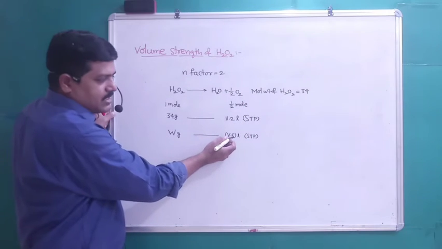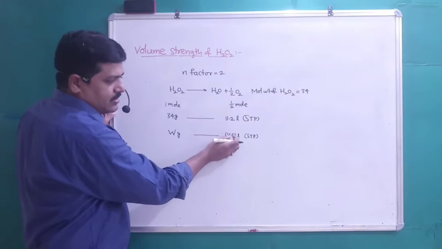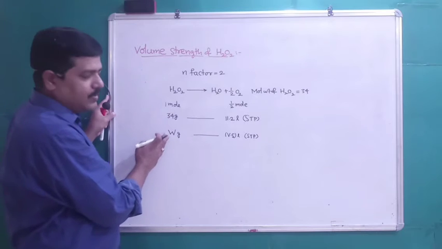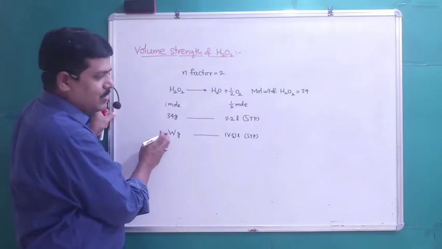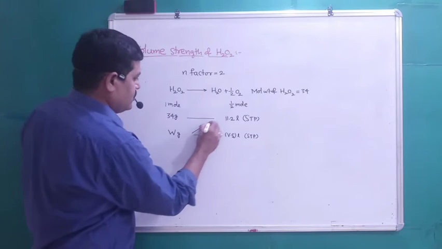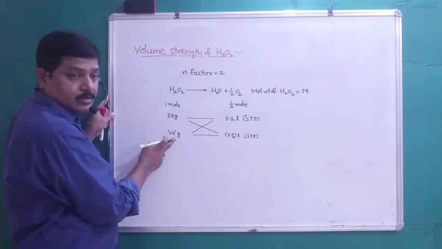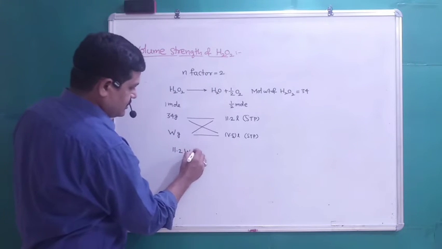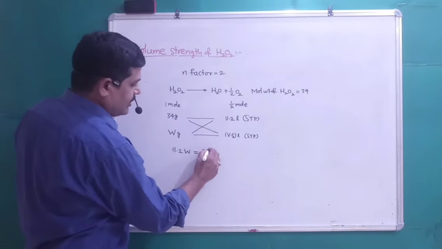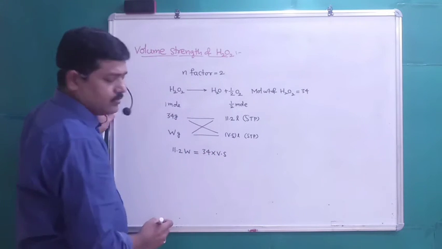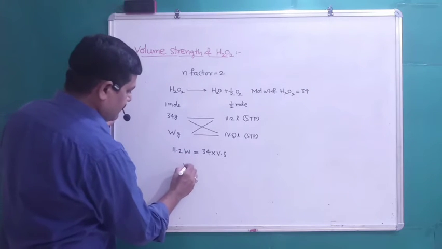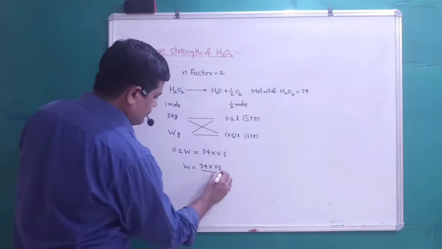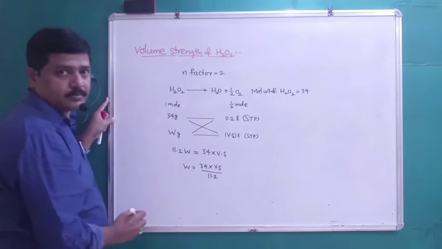Then if the volume strength is some value, this many liters of O2 gas at STP is given by W grams of H2O2. Let us find this W in terms of volume strength by cross multiplication. So 11.2 W is equal to 34 into volume strength. From this, weight of H2O2 is equal to 34 multiplied by volume strength divided by 11.2.